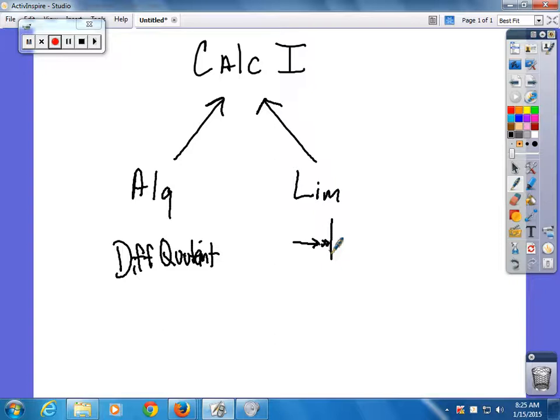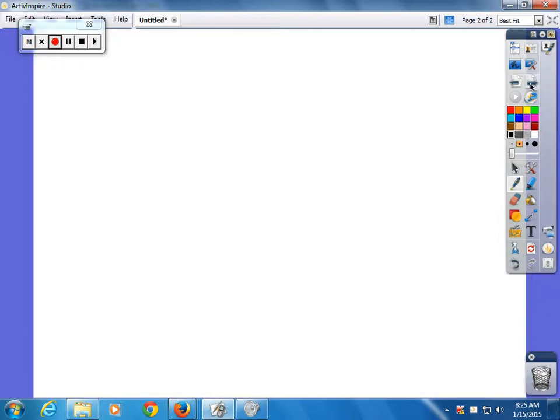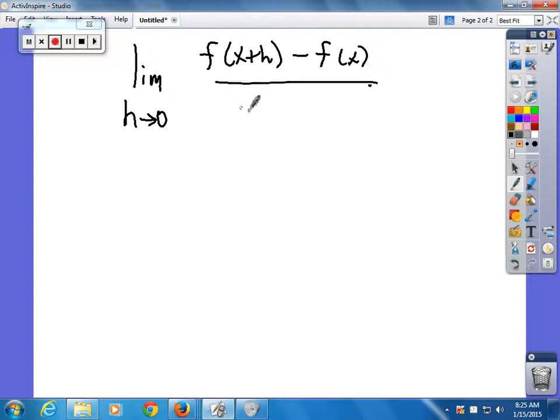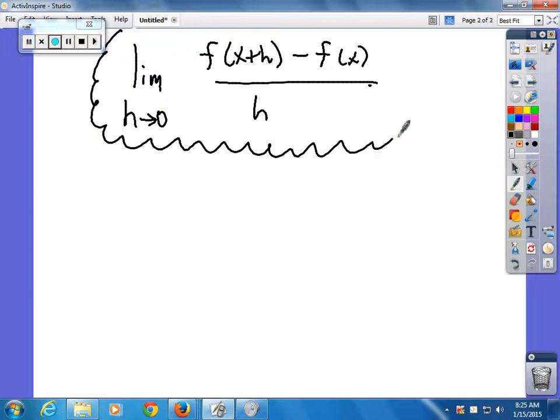So you took the limit theorem and you took the algebra and you mashed it together, and what you came up with was the difference quotient that looked something like limit as h approaches 0 of f of x plus h minus f of x over h. Remember that? All right, this is your algebra. This is your limit. Put them together, and basically you got the difference quotient.